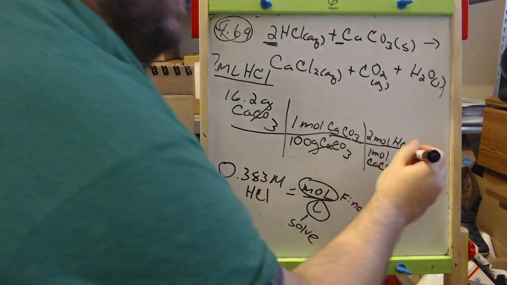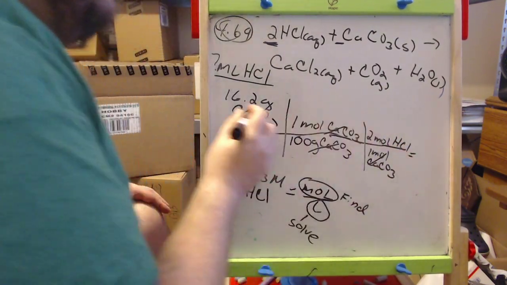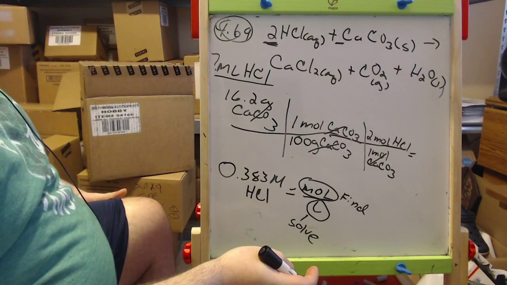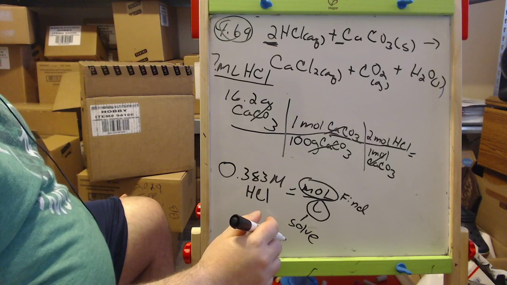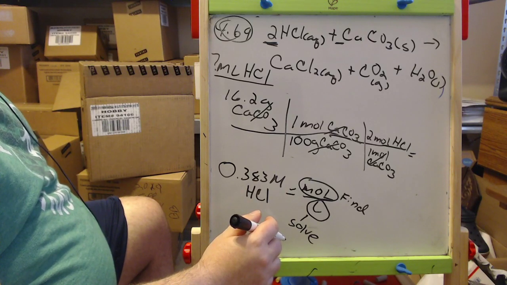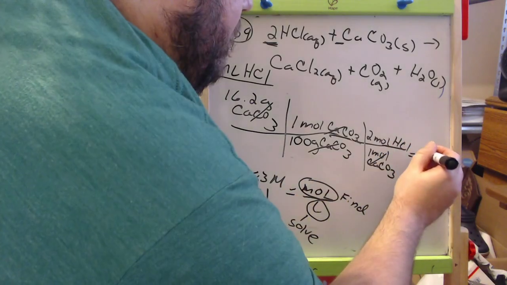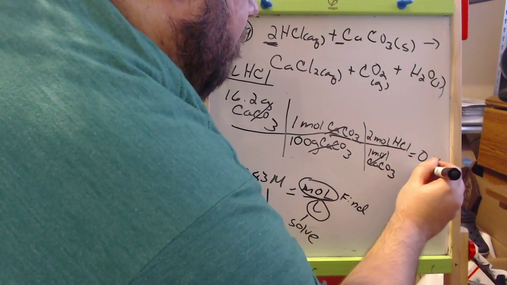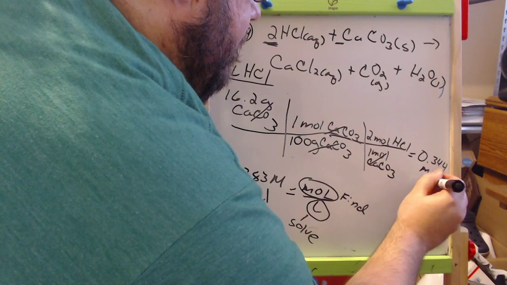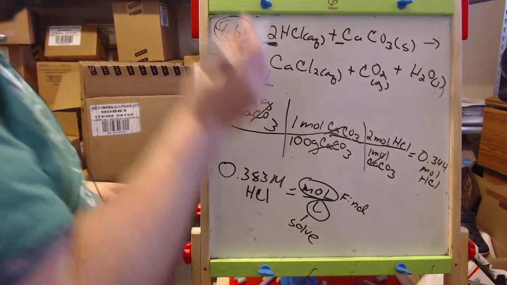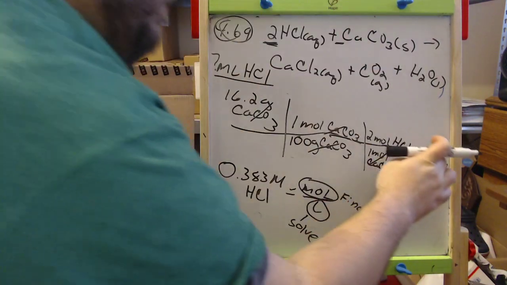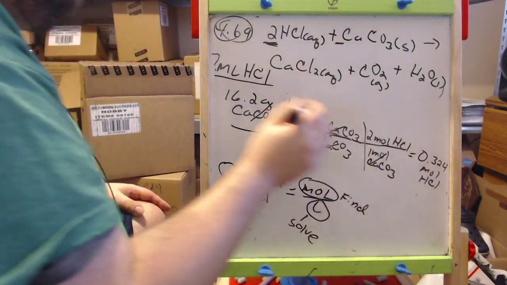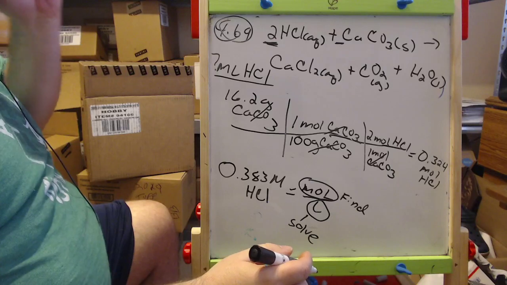So I'm going to be able to solve for my moles of HCl here by taking 16.2 times 2, divided by 100, which should be 0.344 moles of HCl, if I did my math right. 2 times 16.2, sorry, 2 times 16.2 is 32.4.